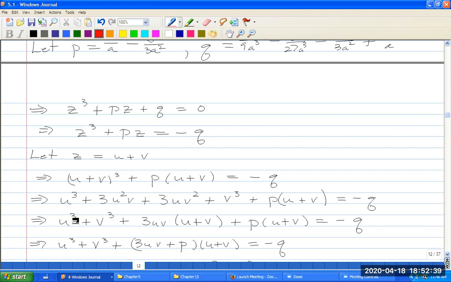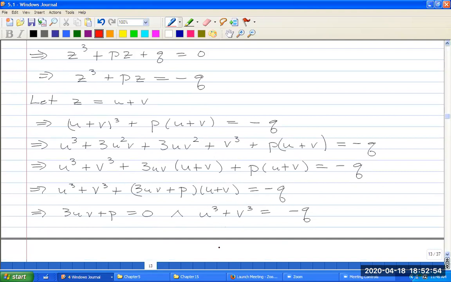Let's collect the v cubes and u cubes. And then this is plus 3uv times u plus v. So I have a u plus v in common. So I have here u cubed plus v cubed plus the product of these two equals minus q.